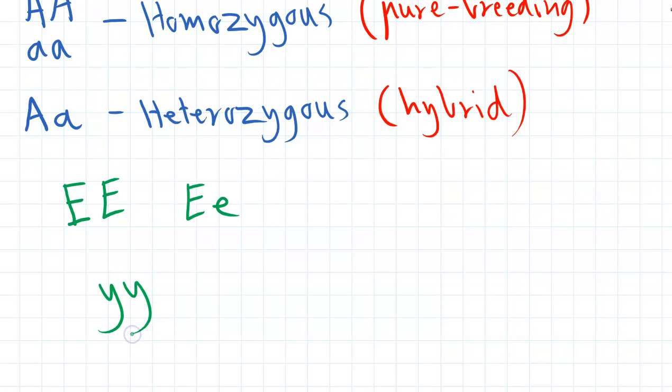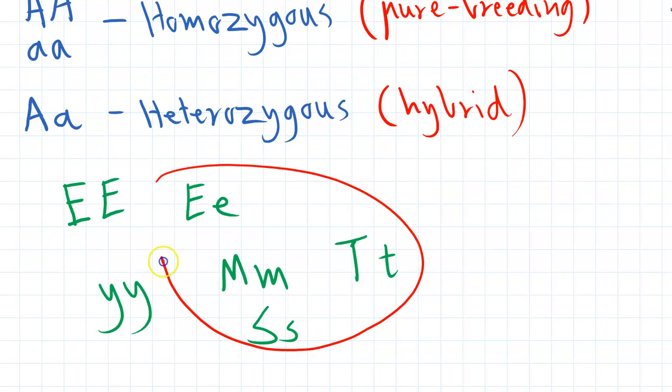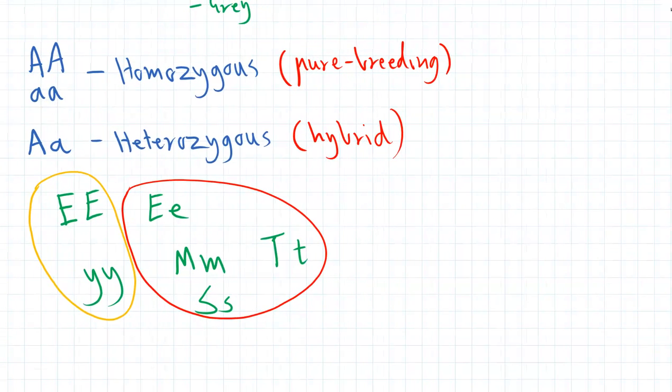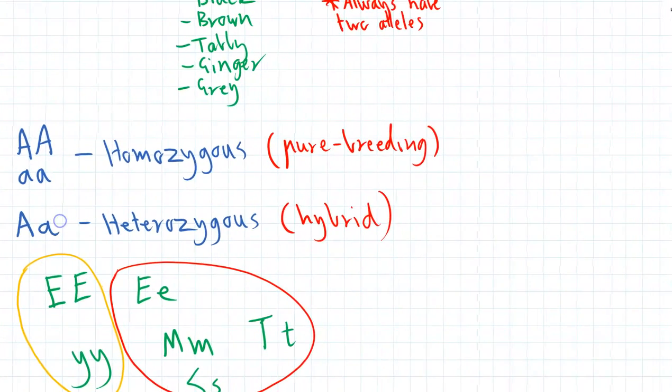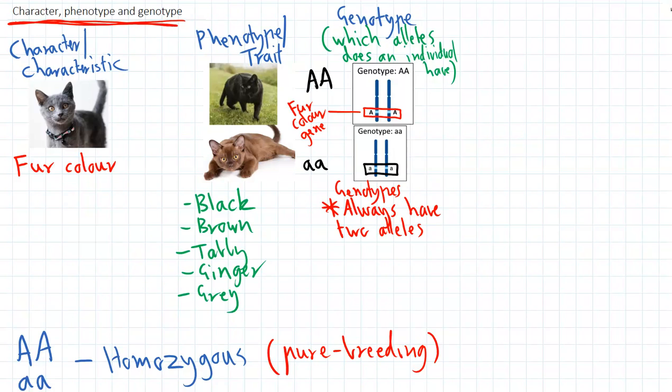So there's lots of different combinations because scientists choose letters based on the gene. So we've got all these individuals are heterozygous. We could have big T, little t. So all these individuals are heterozygous, and these are homozygous, or pure breeding. Okay, so that's how we write genotypes, and that's how genotypes and phenotypes are related to character.